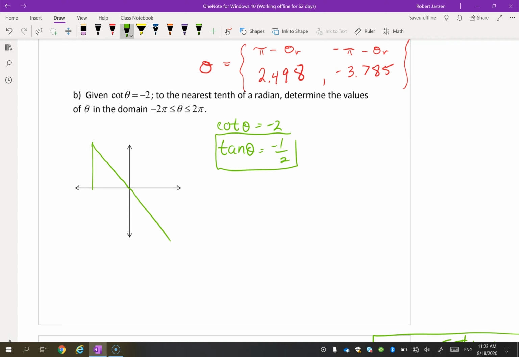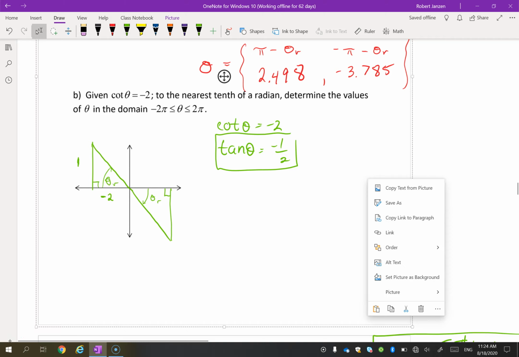So let's turn those into triangles with a reference angle. Notice your reference angle is always to the closest x-axis. It would never be here. It says -1/2, that's opposite over adjacent, so 1/2, the negative should be here.